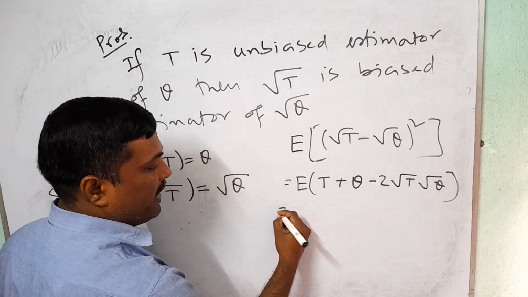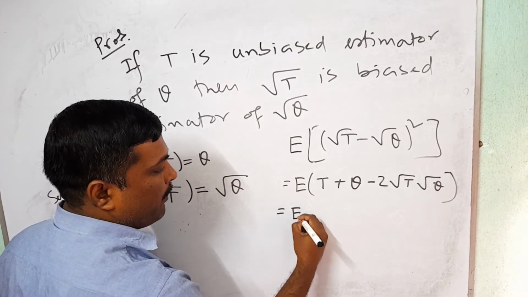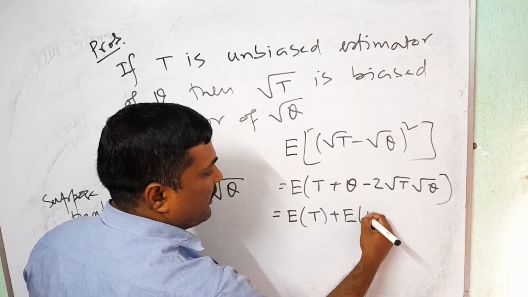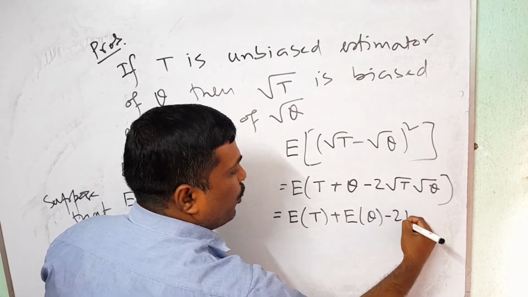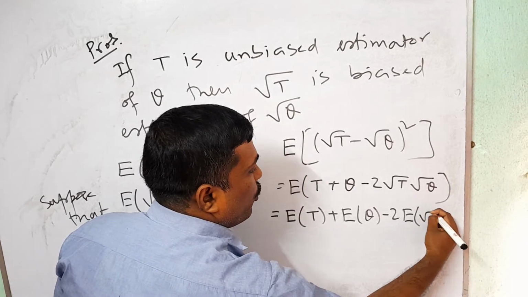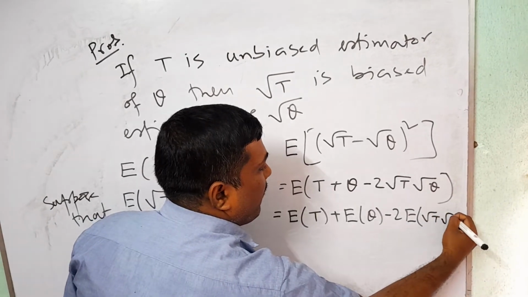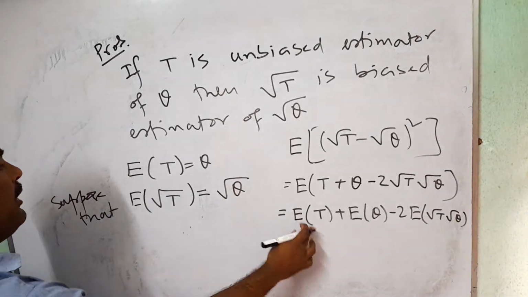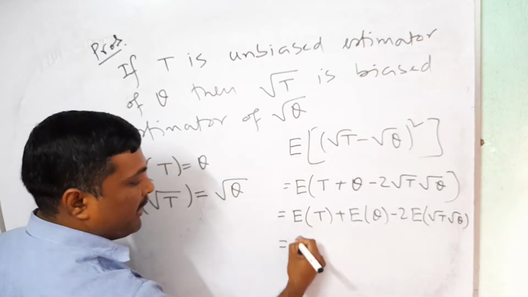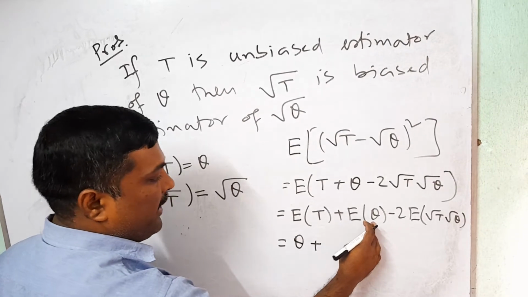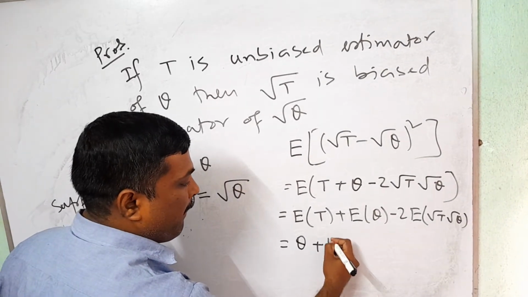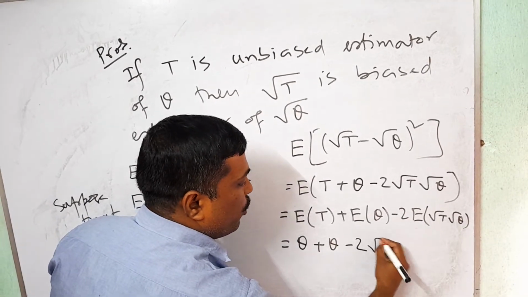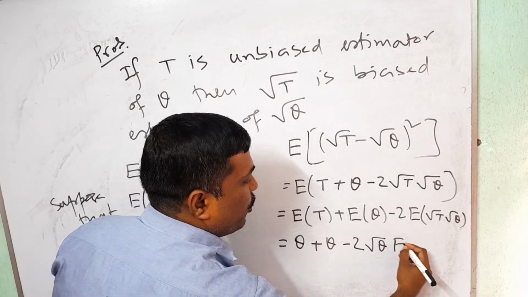So this is E of T plus E of theta minus 2 E of root T root theta. Now E of T is theta. Theta is constant, so E of theta is theta, minus 2 root theta E of root T.